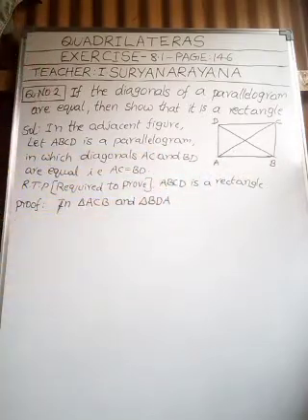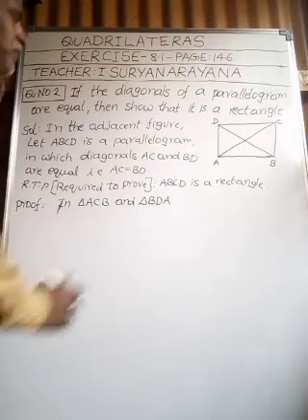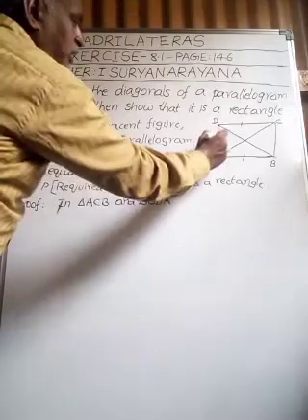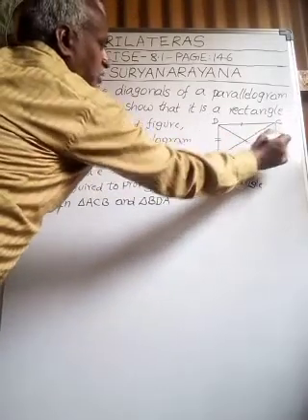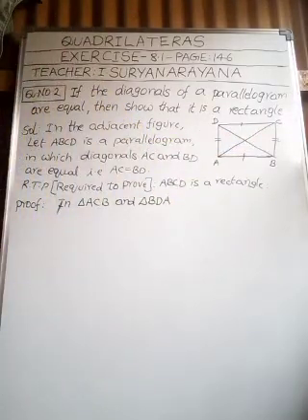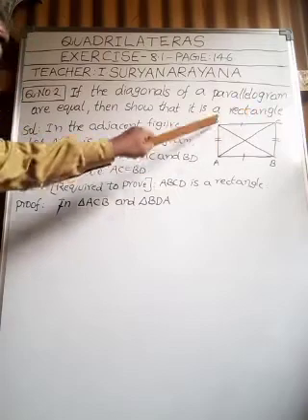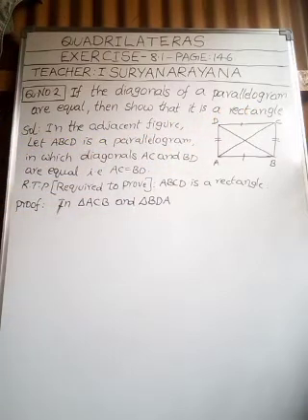We have taken these two triangles. Actually, this is a parallelogram, so these two sides are equal. Isn't it, my children? Each pair of opposite sides of a parallelogram is equal. So, AB is equal to DC, and BC is equal to AD, because they are opposite sides of a parallelogram.